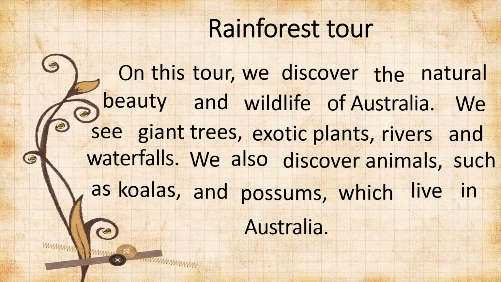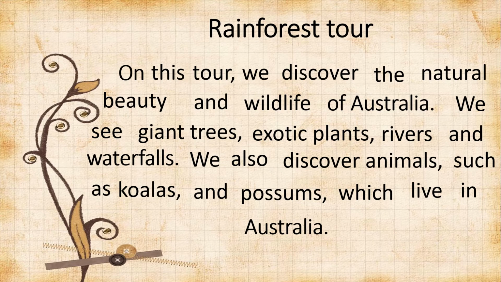Okay, I'm going to read it again. The Rainforest tour. On this tour, we discover the natural beauty and wildlife of Australia. We see giant trees, exotic plants, rivers, and waterfalls. We also discover animals such as koalas and possums, which live in Australia. So this is about the Rainforest tour.